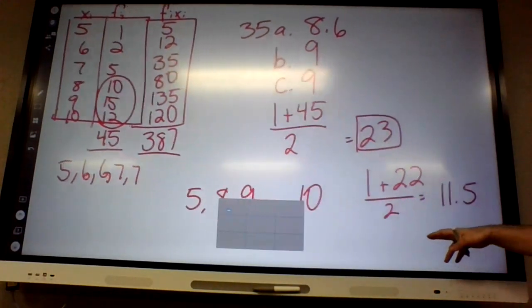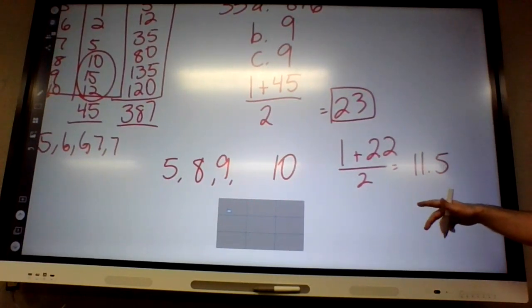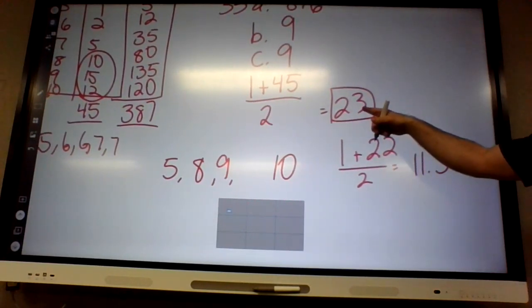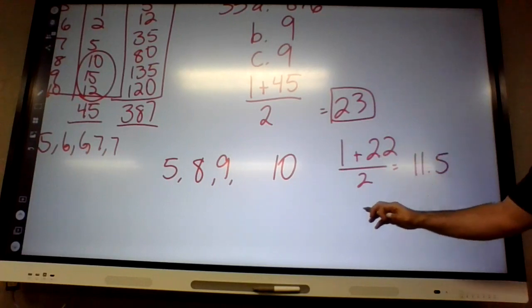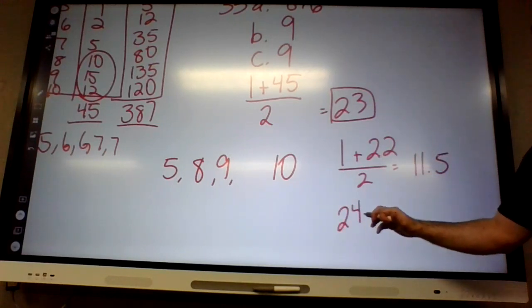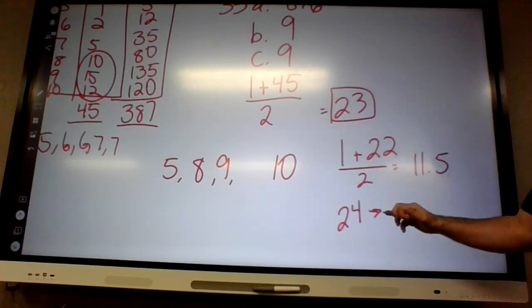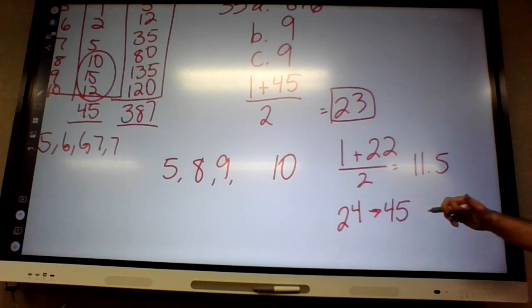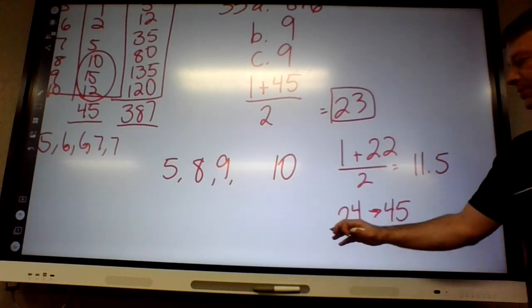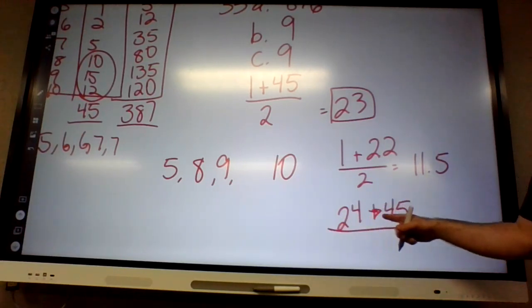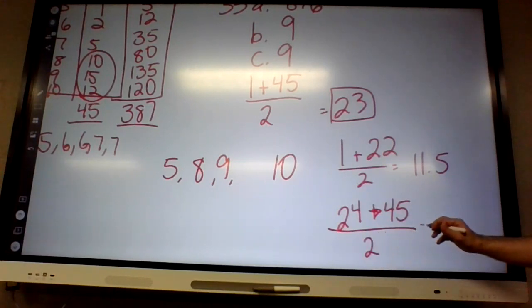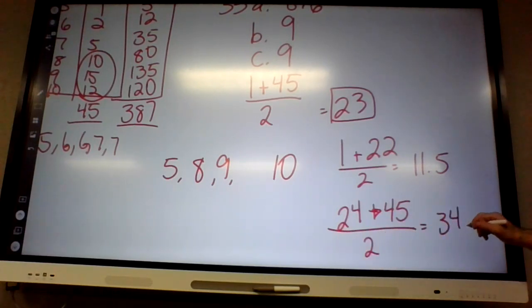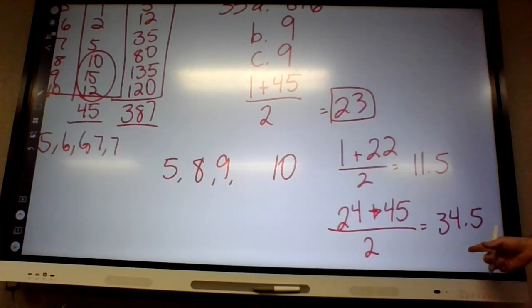Okay, and for the right side median, 23 is the middle number, so that means from 24 to 45. What's the average of those two? It'd be 69 divided by 2 is 34.5. So we need the 34th and 35th numbers.